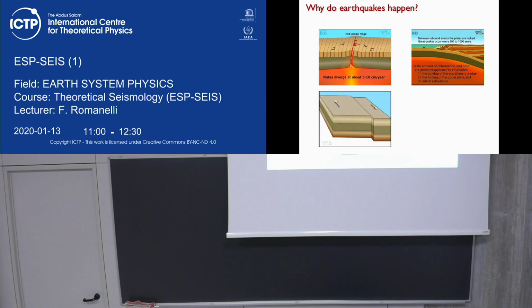And one of the simplest answers was given after the 1906 San Francisco earthquake by Wright, who created the theory of elastic rebound. So you can also imagine to take two combs. I don't use combs, as you can imagine, but you can imagine to put them together and to pull them.